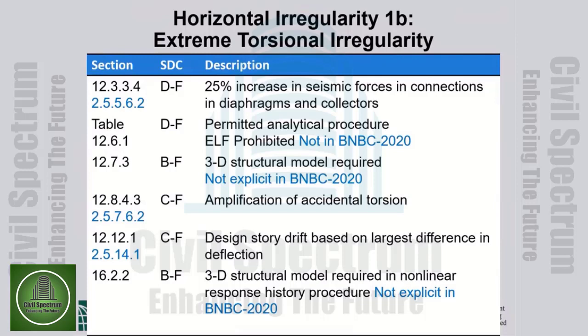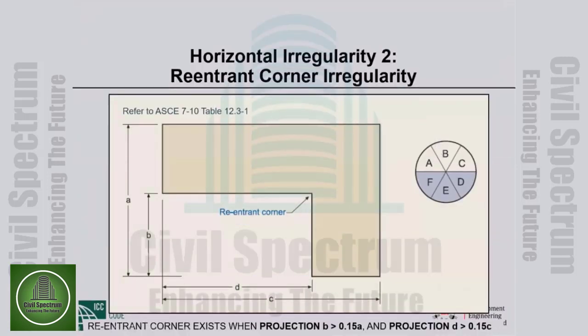1A to, we are going to 1B. The same restrictions as for 1A. It is identically the same table. Okay. So I do not believe that we need to discuss anything in particular. Then horizontal type 2, re-entrant corners.